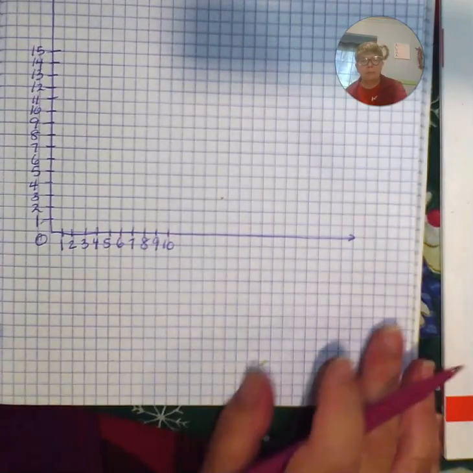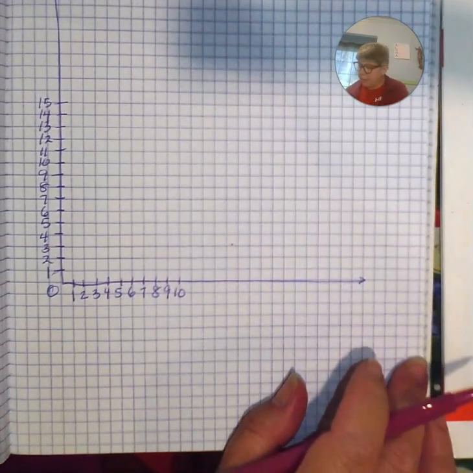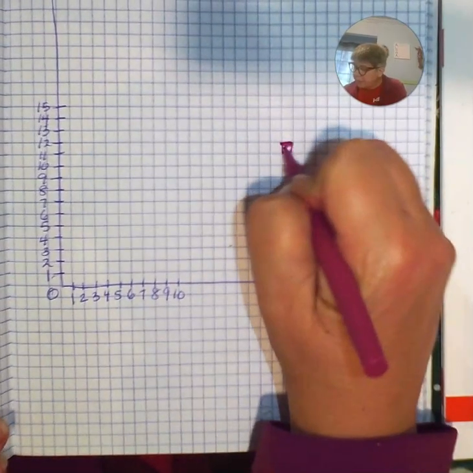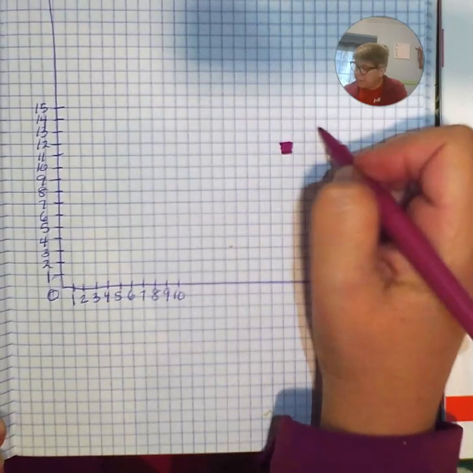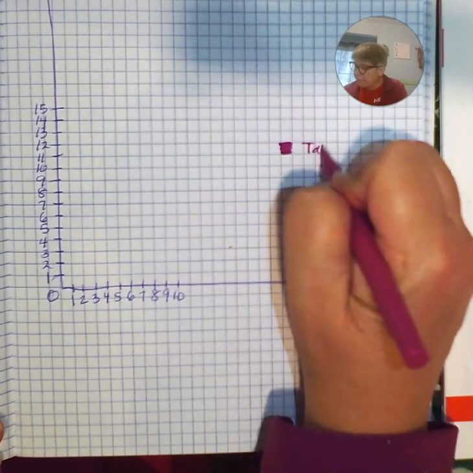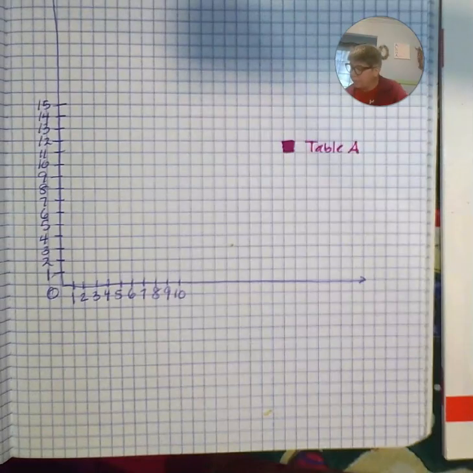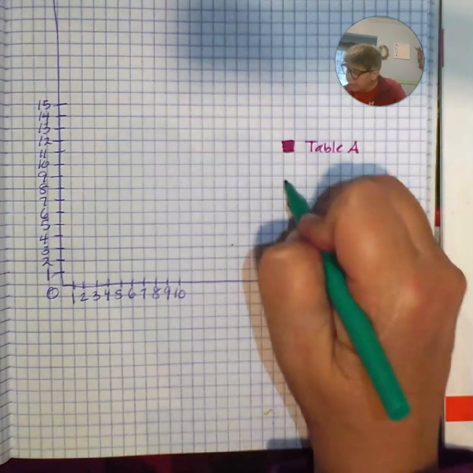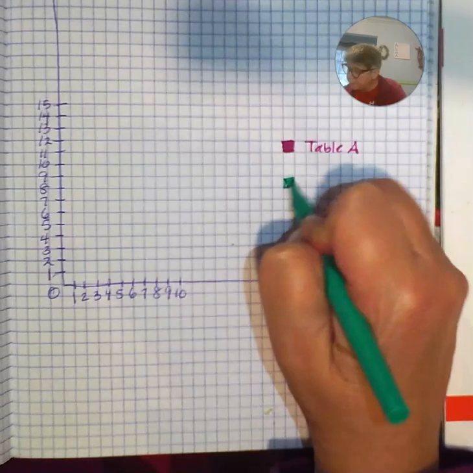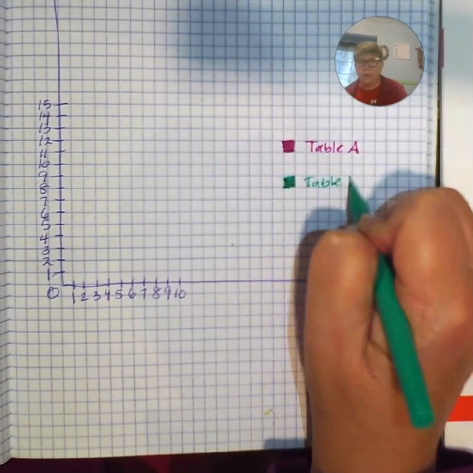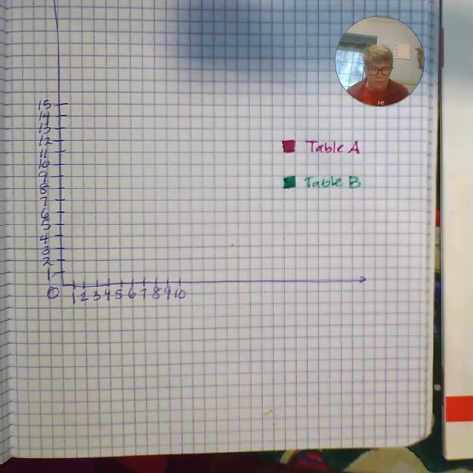There's a little block there where you can color in. I'm going to say this reddish purplish color is going to be my table A, and then I'm going to use a green for my table B. You can use whatever you have and just put your code there so you know which one is which, and you can do it with me if you like.